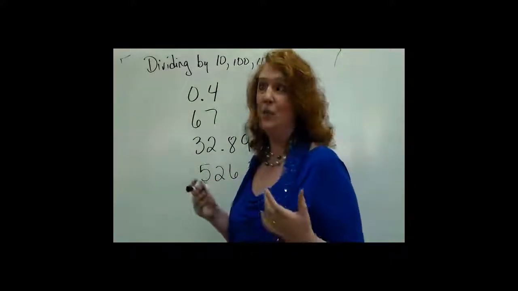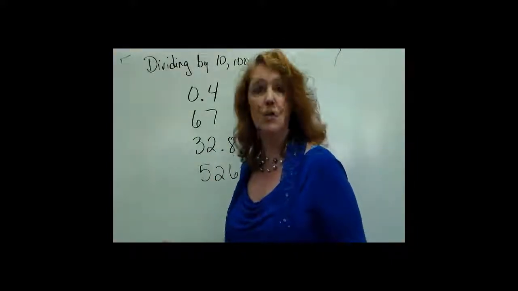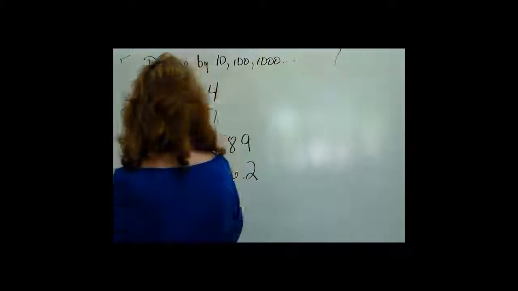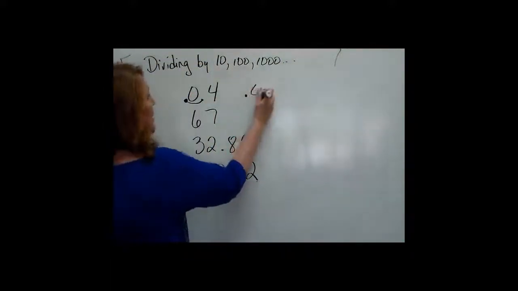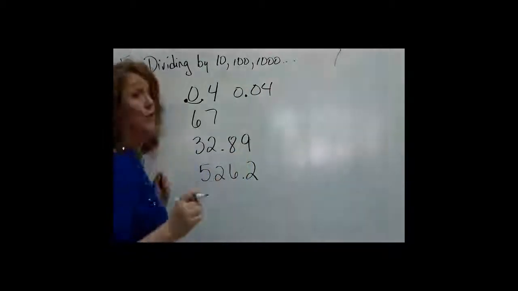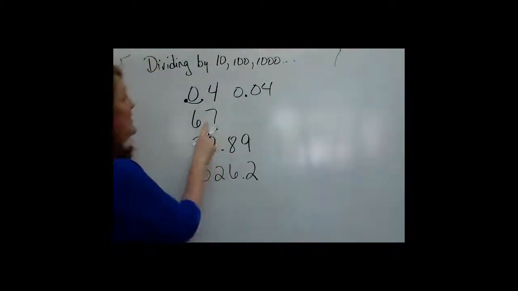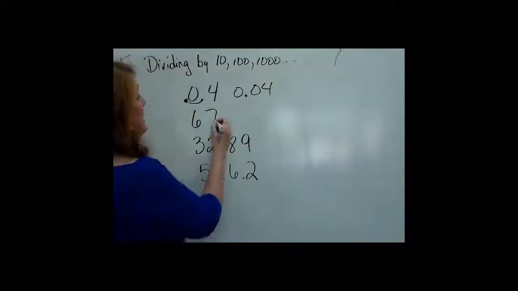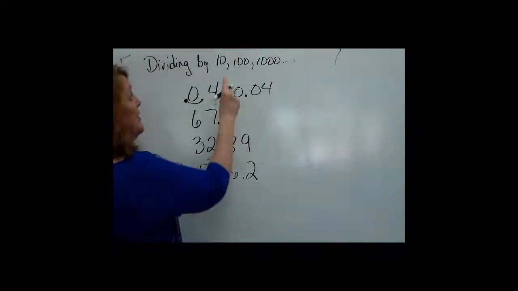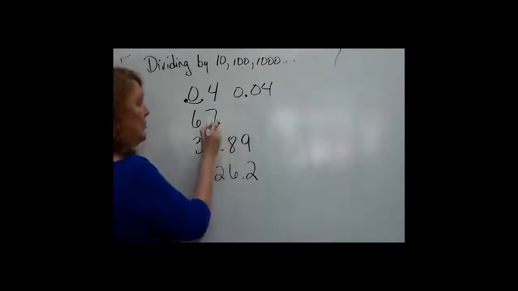When we divide by 10, we do the same thing, but we're going to make the number smaller. If we divide by 10, I'm going to move it over once. And so now it's 0.04. If I have 67, a number that does not have a decimal point, I know there's an imaginary decimal point right there. And so if I divide by 10, I'm going to move it over once.